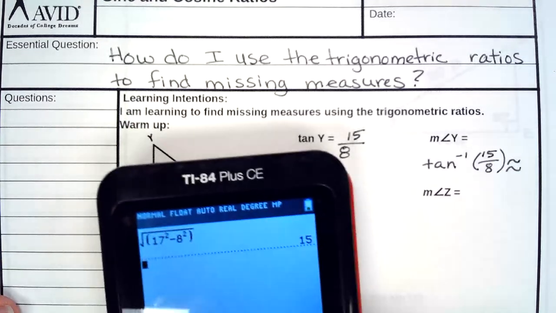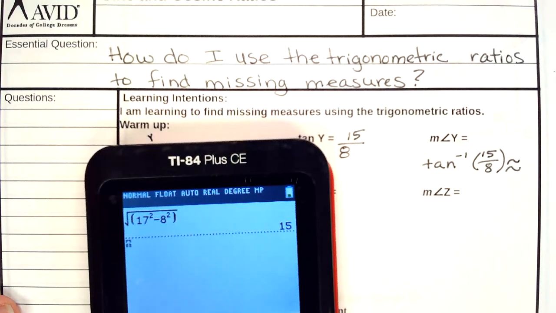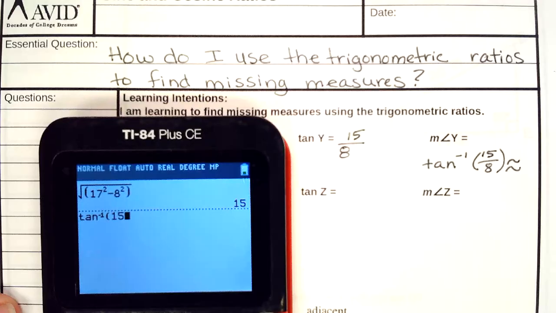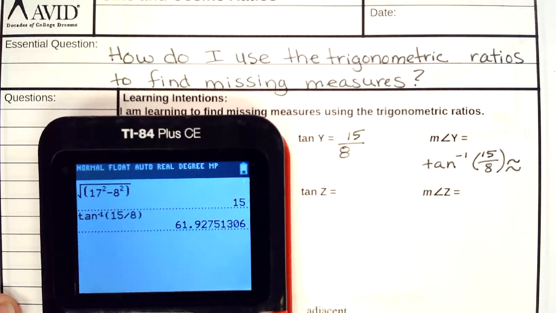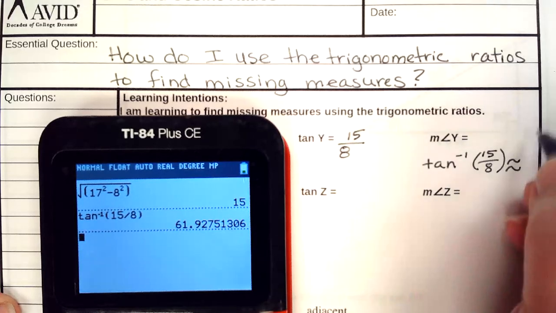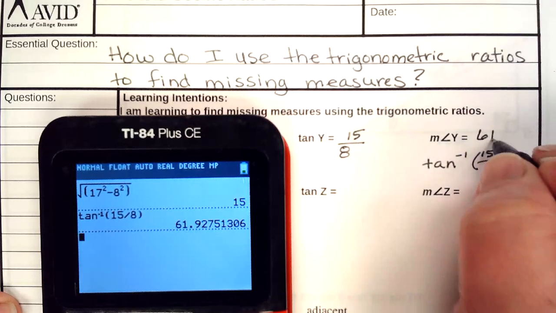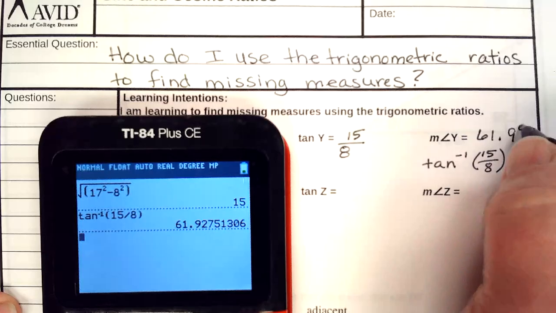So I'm going to go second tangent, and then it is 15 divided by 8. Close it off, and I get 61.9. And that will be degrees.